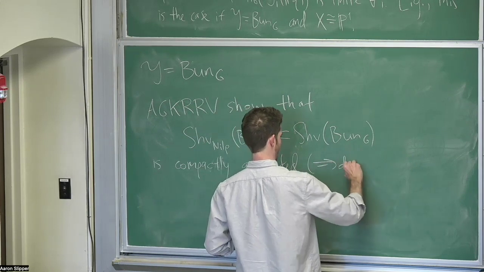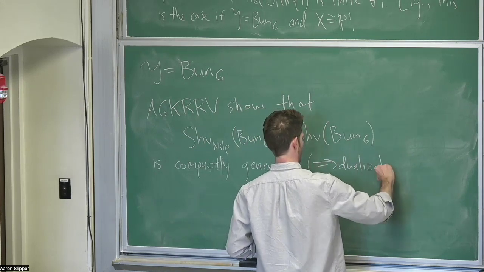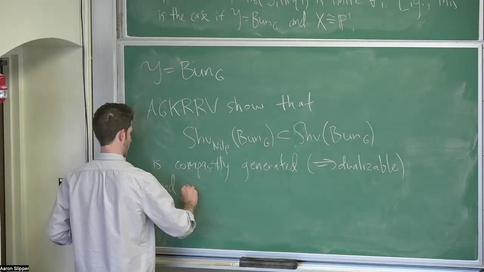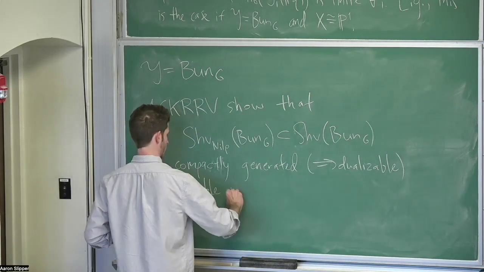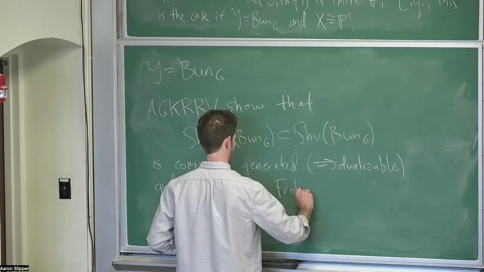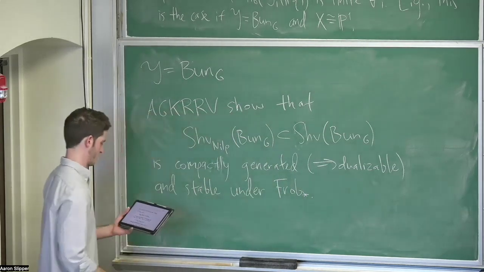It's also stable under the Frobenius automorphism, which is just a general thing about singular support.